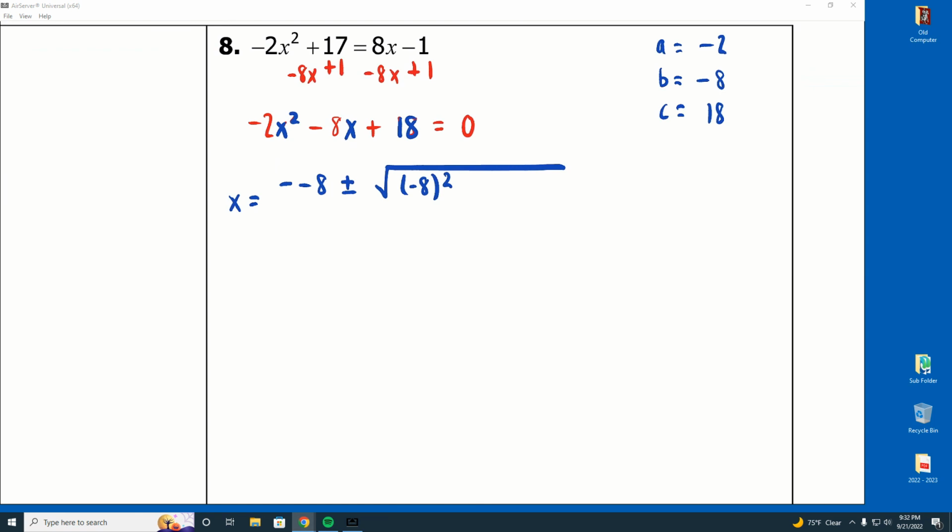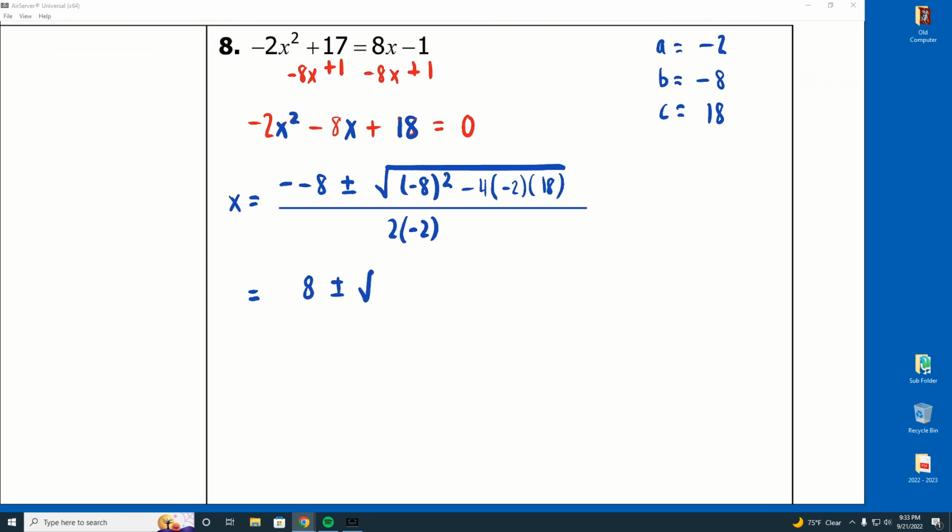Now, so that's b squared minus 4 times a times c, and all of this is divided by 2 times a, negative 2. So let's clean some junk up. What is negative 8? Positive 8.